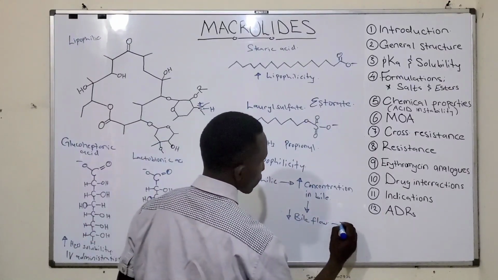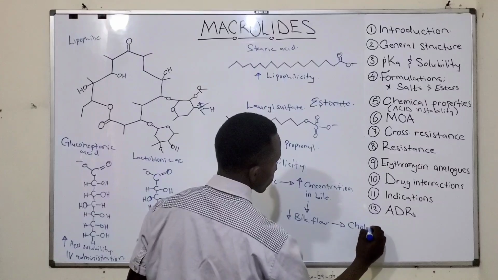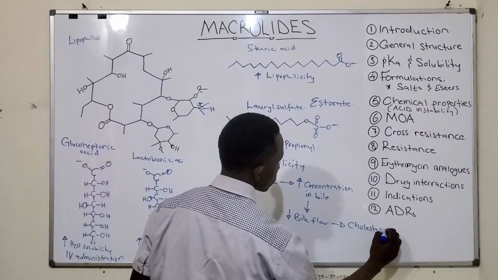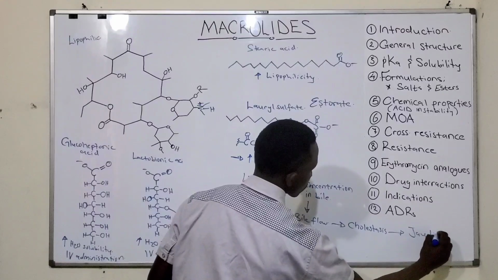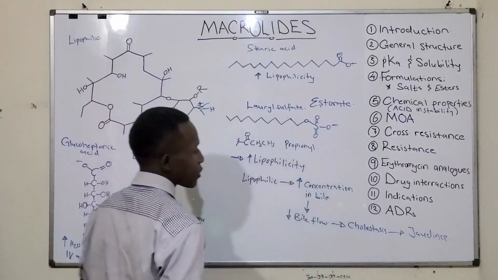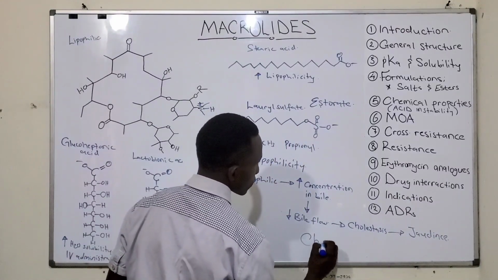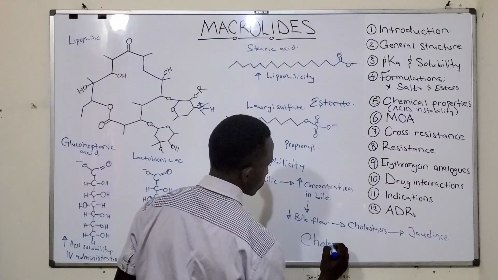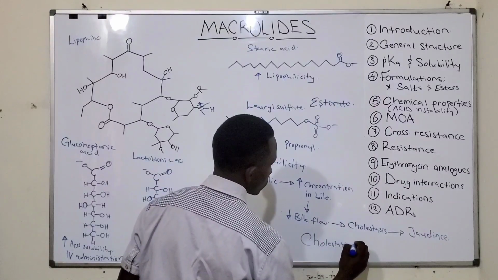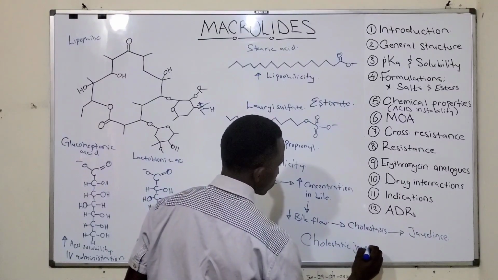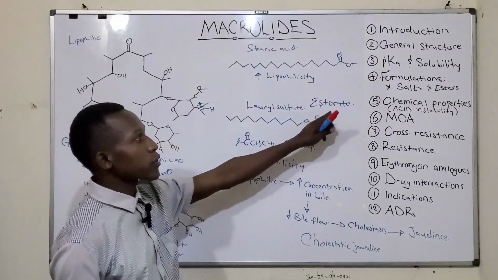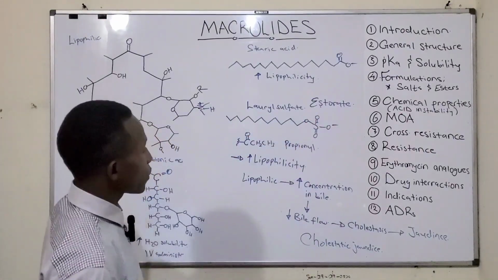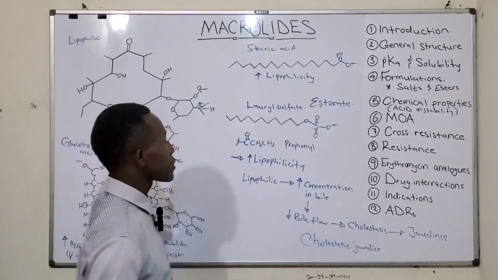It can lead to cholestasis, hence leading to jaundice. So you can have the cholestatic jaundice. Due to higher lipophilicity of the esterate ester, you can have the cholestatic jaundice.